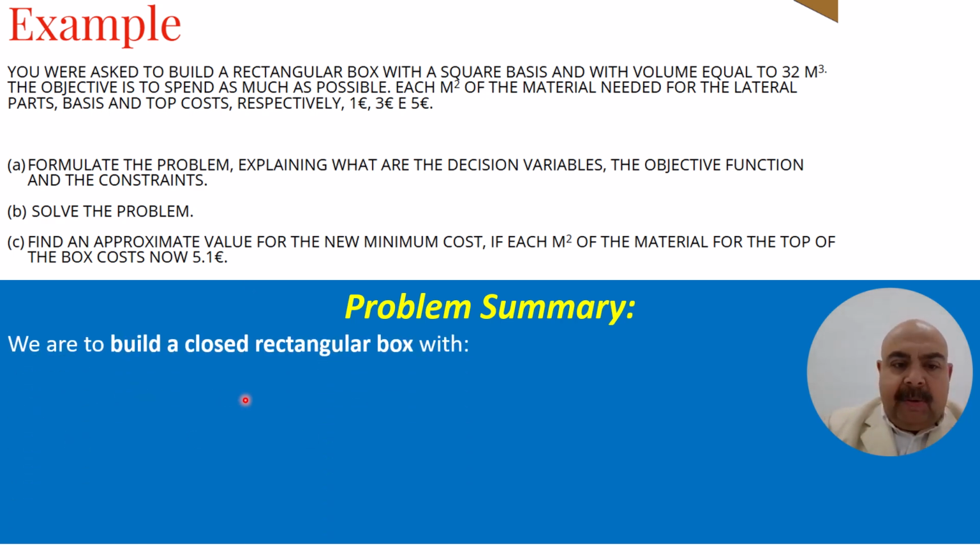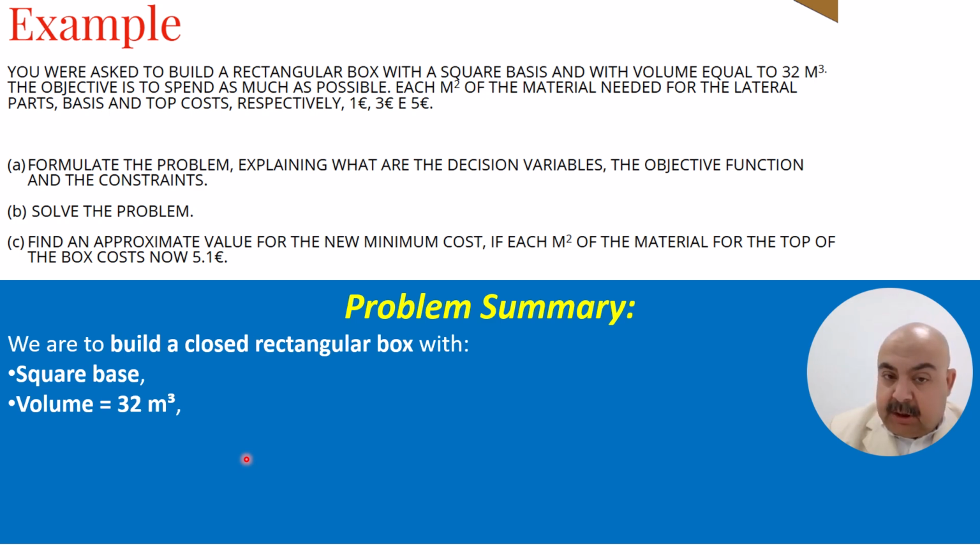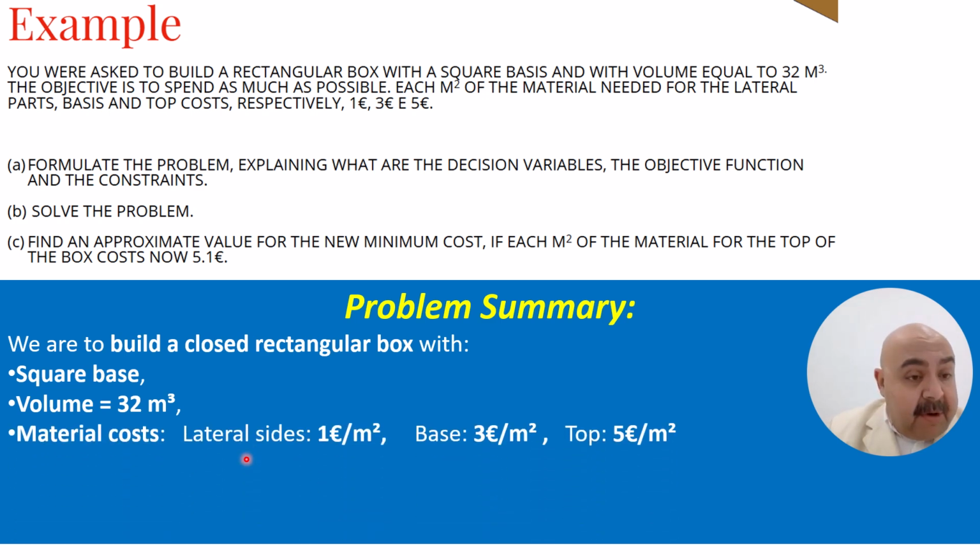So we are to build a closed rectangular box with square bases. So the base should be a square. Number two, volume is 32 cubic meters. Number three, the material costs: the lateral side is €1, the base is €3, the top is €5. This is what I do after reading this problem more than once.